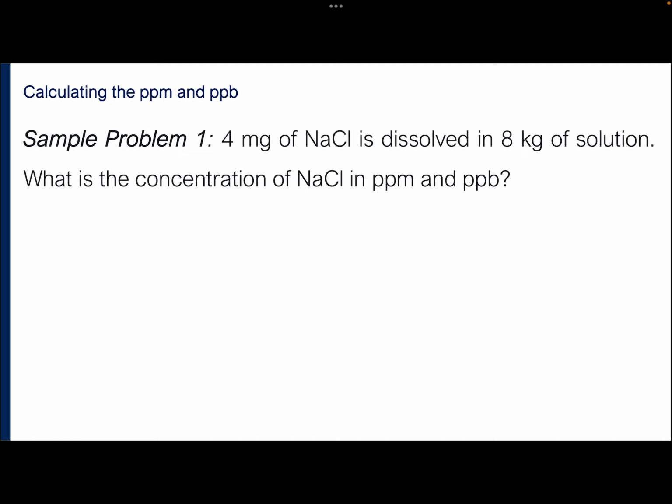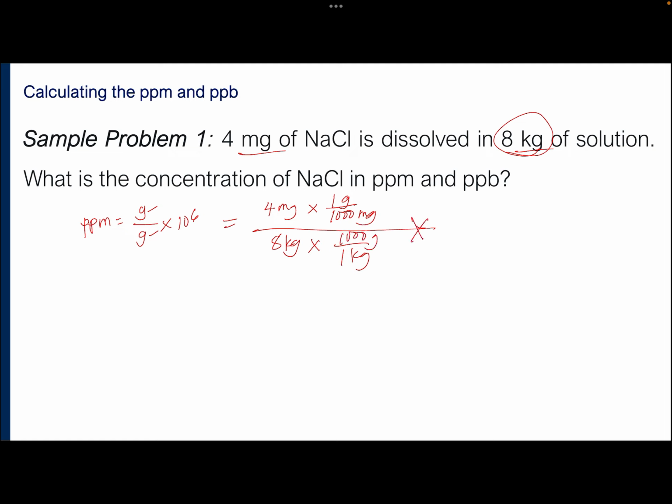To solve this one, note that our given values are in milligrams and kilograms. ppm is equal to gram over gram times 10 to the 6, so let us convert 4 milligrams to grams. 1 gram is equal to 1,000 milligrams, divided by 8 kilograms of solution, where 1 kilogram is 1,000 grams, times 10 to the 6. So the answer for this one is 0.5 ppm.